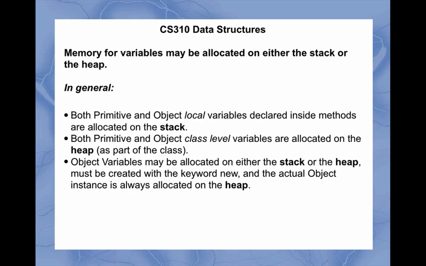These are allocated on the stack. Class-level variables are allocated on the heap as part of the class. Object variables can be allocated either on the stack or on the heap, but the actual objects, the instantiations, must always be allocated on the heap itself.